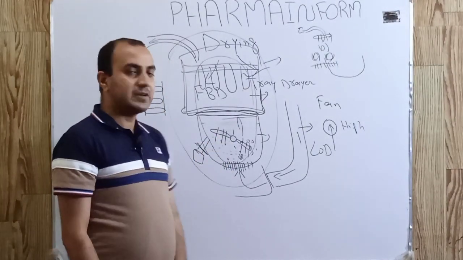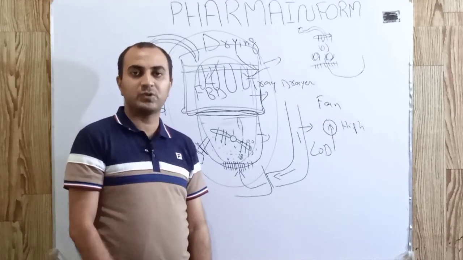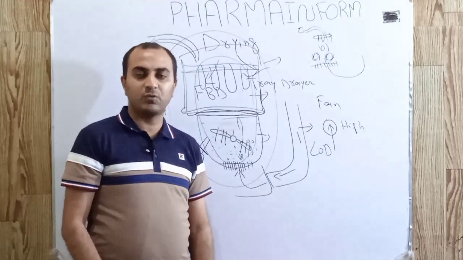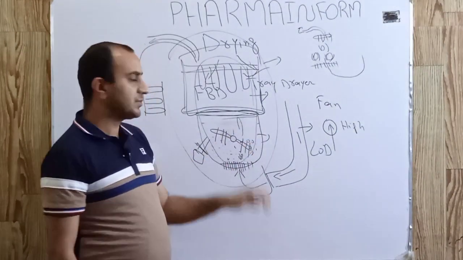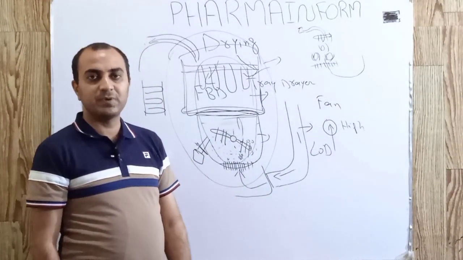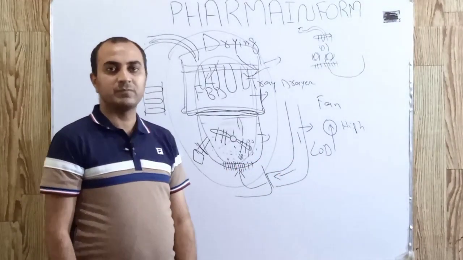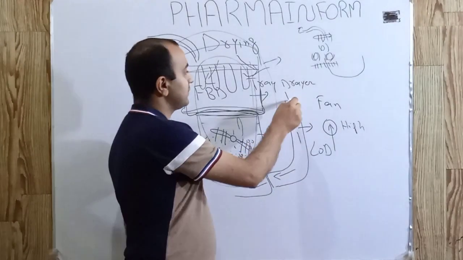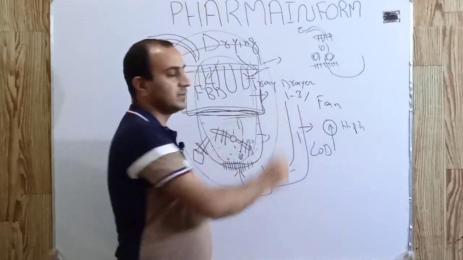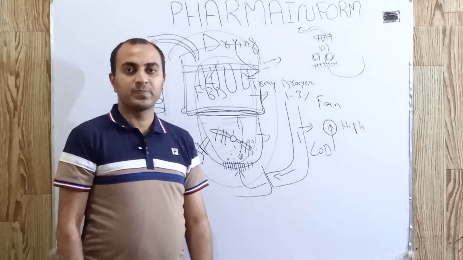Loss on drying values differ for various products and depend on our validation protocols. So we follow BMRs for the optimum range of loss on drying. For most of the products, 1 to 3% moisture is usually retained in our granules.